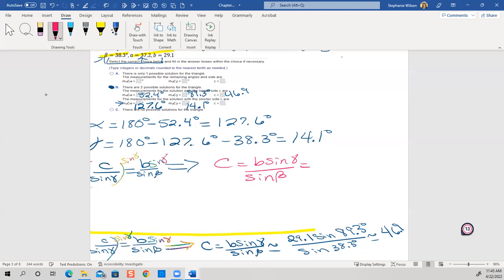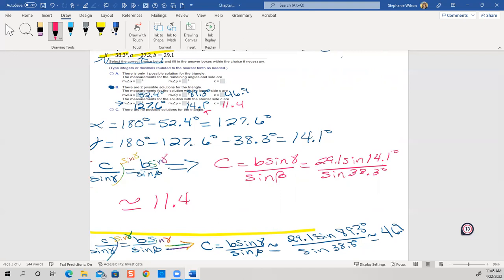And the side B is 29.1. My gamma is going to be 14.1 degrees, right? Because it came from our second one here. And then our sine beta is 38.3 degrees. Type it in your calculator, round to the nearest tenth, and we get 11.4 for my side C.